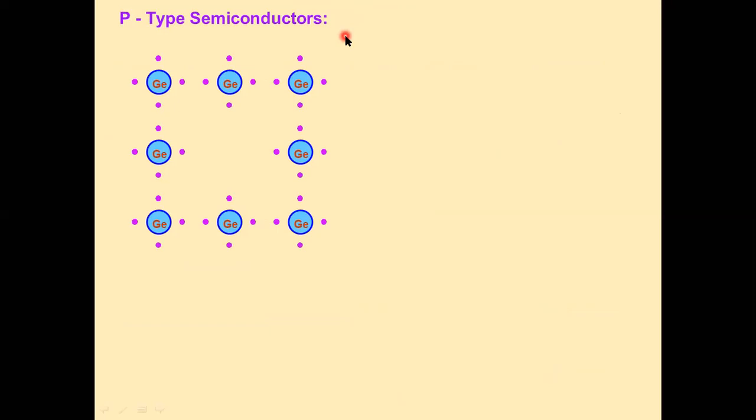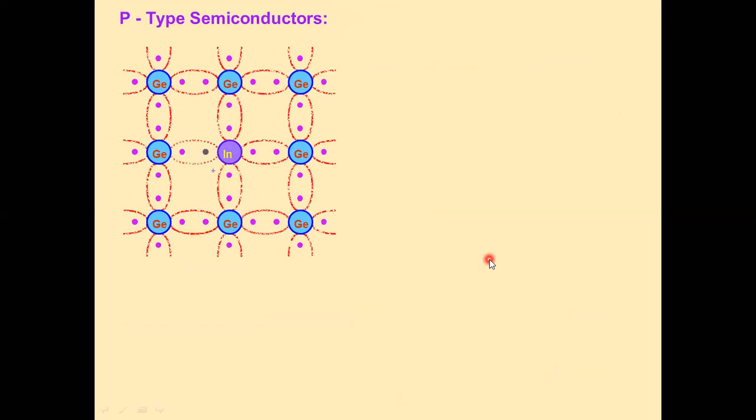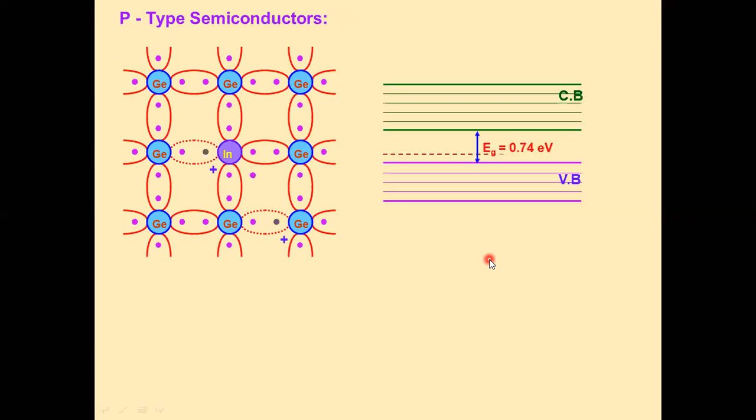In the P type of semiconductor, when a tetravalent element is doped with a trivalent element, then this type of semiconductor is known as P type of semiconductor.